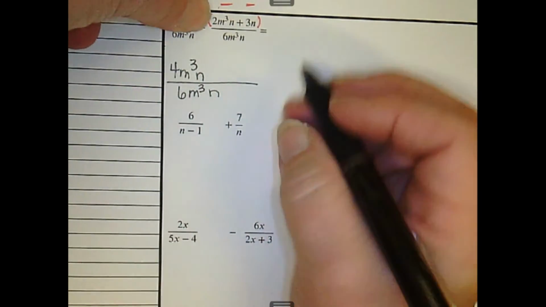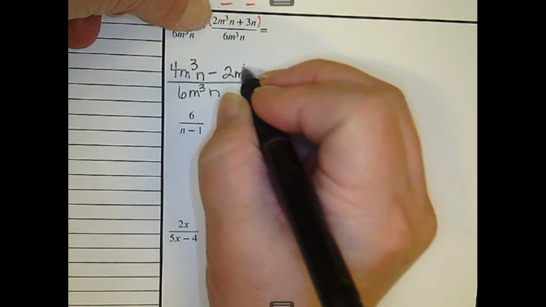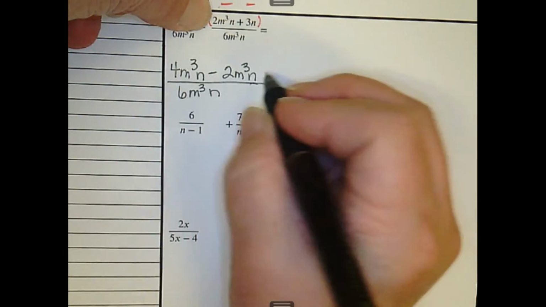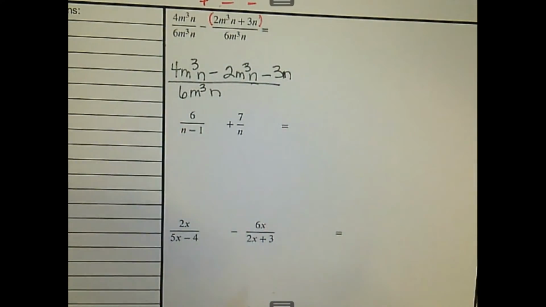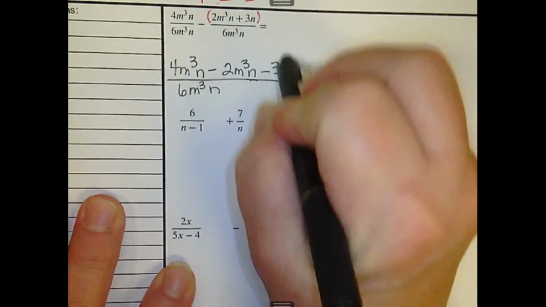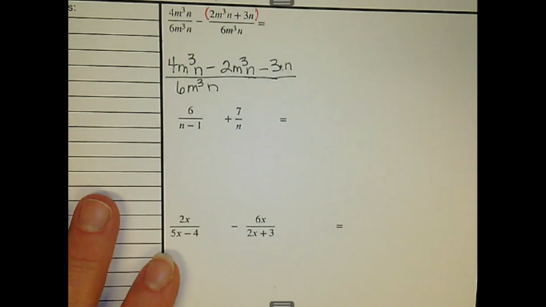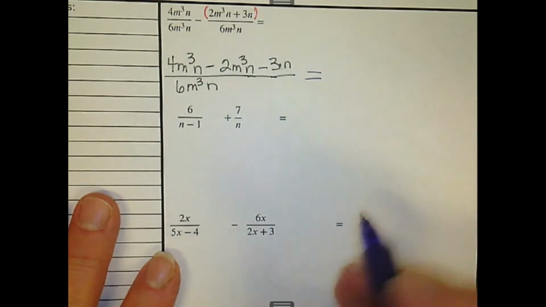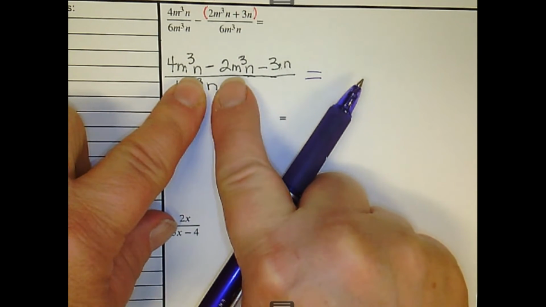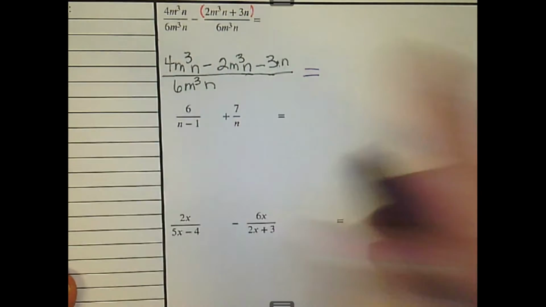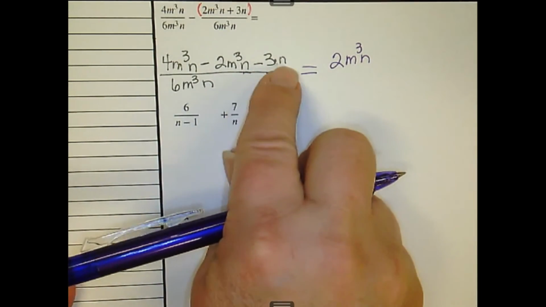Okay, now looking at this, it will be minus 2m to the third n minus 3n. Okay, as we simplify, 4m to the third n minus 2m to the third n. 4 minus 2 is 2m to the third n minus 3n.